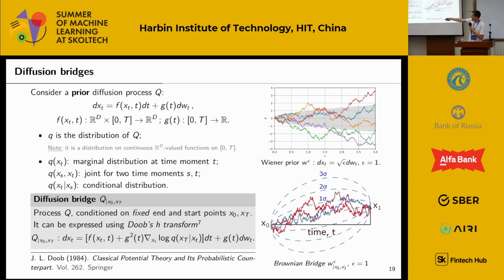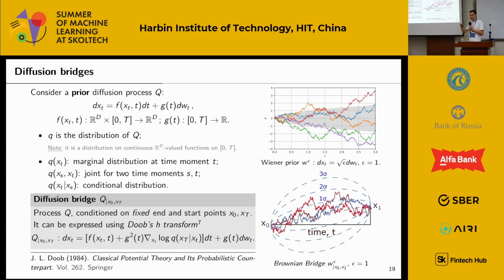It is the same stochastic differential equation as the original process, but its drift is slightly modified. The drift should be adjusted by a term which is the gradient of some conditional transition distribution of the process from which you consider the bridge.